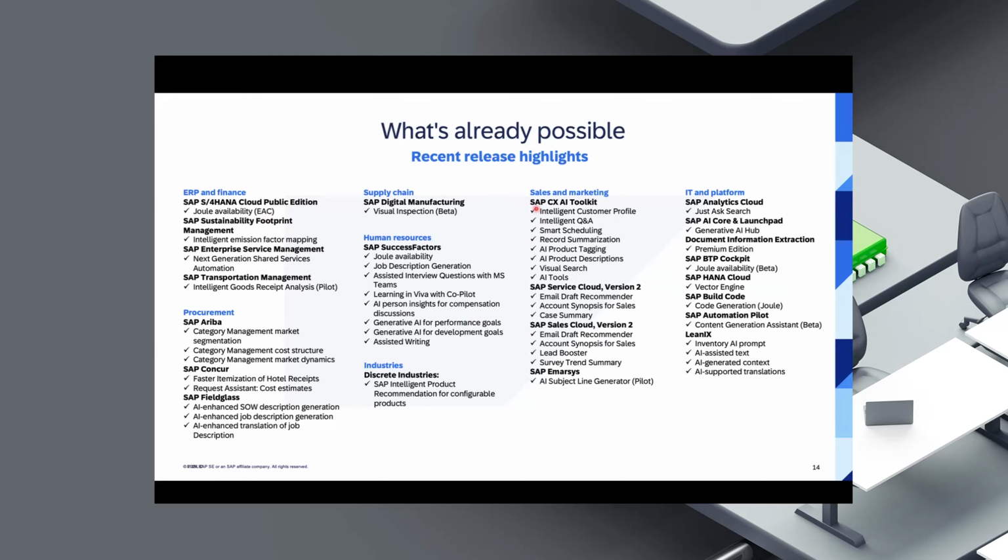In the sales and marketing area with the Service Cloud and Sales Cloud version 2, you have amazing features already done and working, like the email draft recommender and an account synopsis for sales, which help you identify your customers, identify the latest actions that happened with them, based on meeting minutes or based on what you entered into the system. And then the AI can write an email for you and can create a profile of the customer that helps you communicate with him.